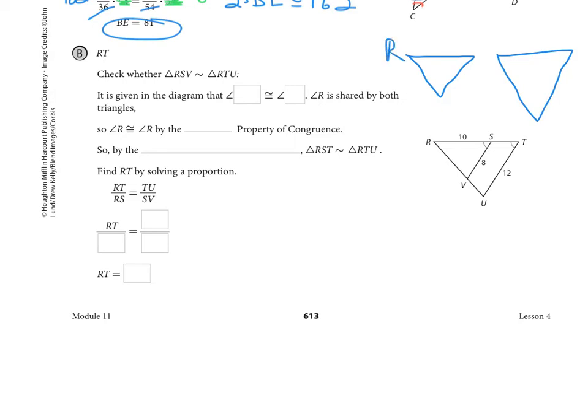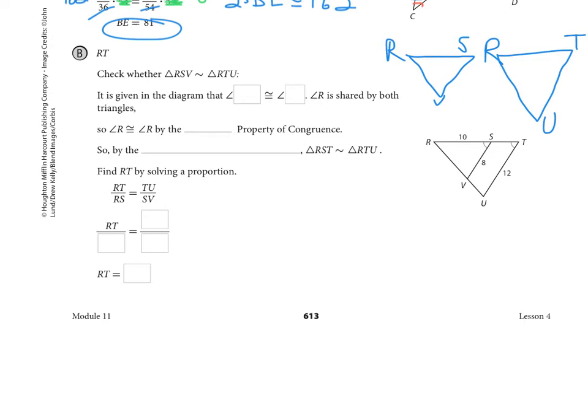So we have R in the upper left hand corner of both, then we have S and V as the other two vertices of the small triangle, and we have T and U as the other two vertices of the large triangle. So what we're trying to figure out is, does RSV check out as similar to RTU here?